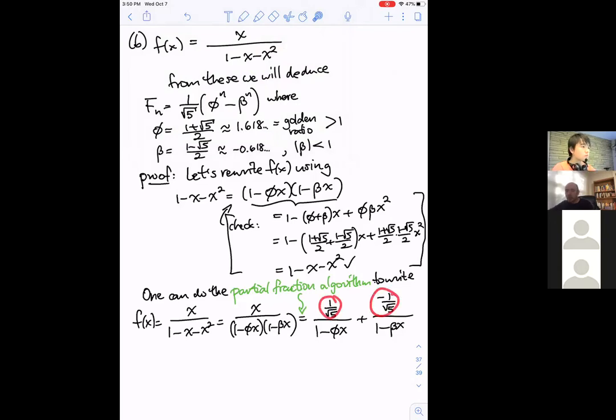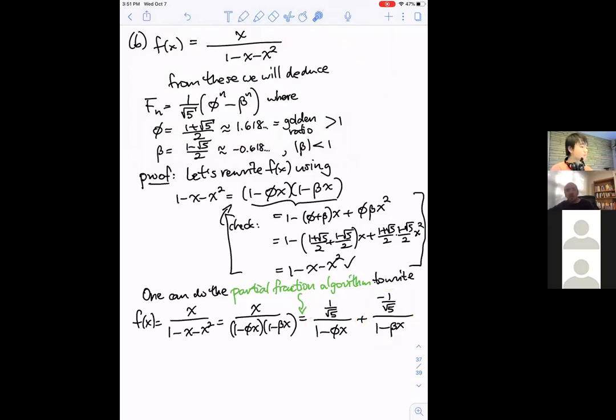There are some unknown coefficients. You call this an A and this one a B. You rewrite it and you solve for the A and the B. Everybody believe you could probably do that? Okay. That's good, because this thing now looks exactly like one of my geometric series.